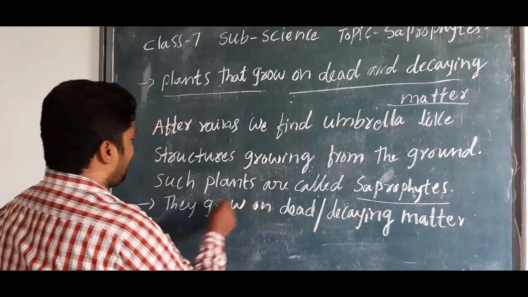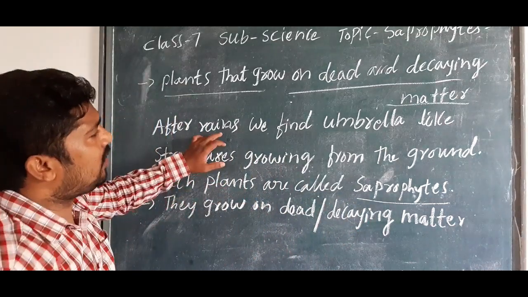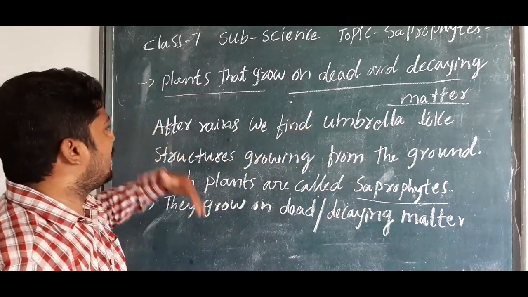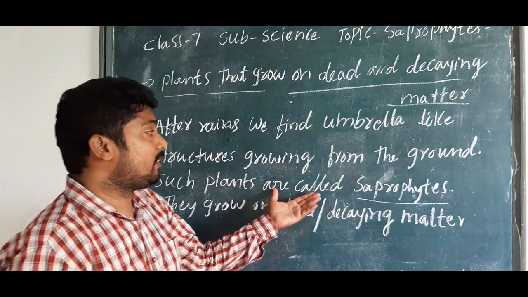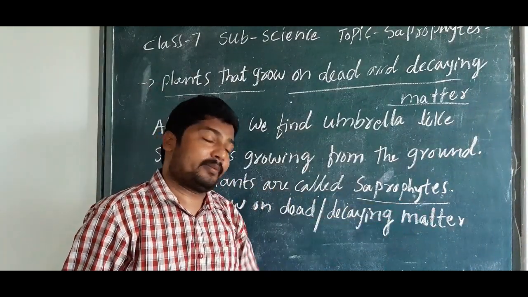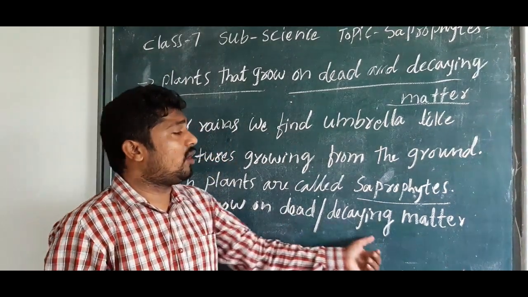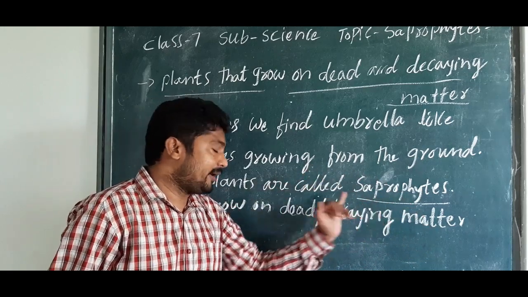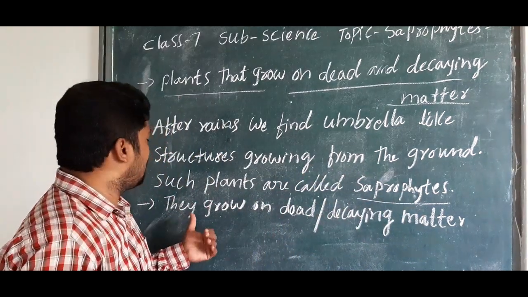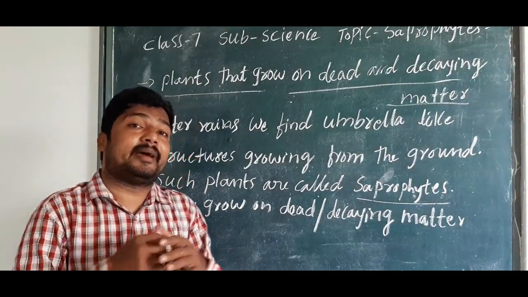So this is about saprophytes, the plants that grow near dead or decayed matter. This type of plants is called saprophytes. They grow on dead or decayed matter only.